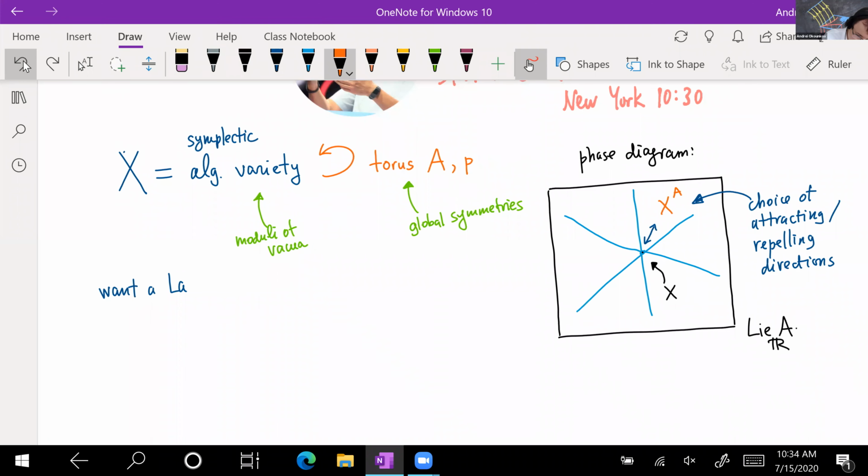This restriction. And then what's the kernel? Which are the functions on this union which go to 0? Well, that's pretty clear. These are the functions on this component which vanish along the intersection.